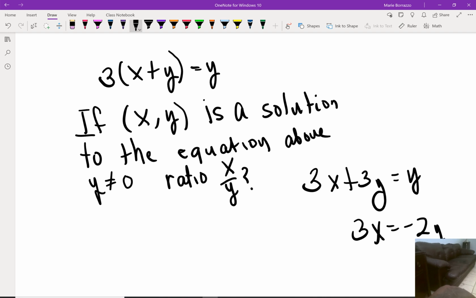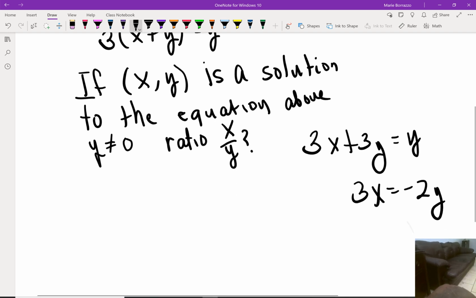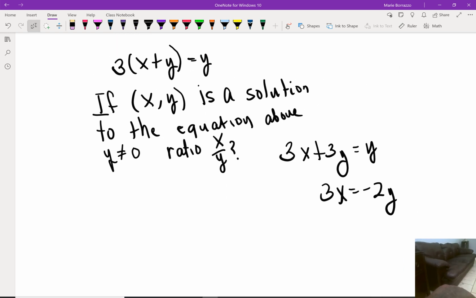And already you can see that if you were to solve for this, let's say I solve for x first. So I divide by 3 on both sides. I get x is equal to negative 2/3 y.